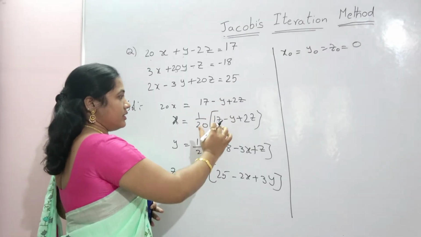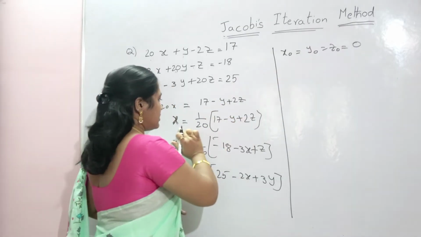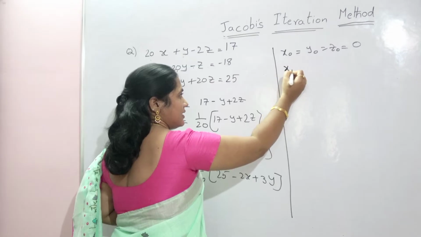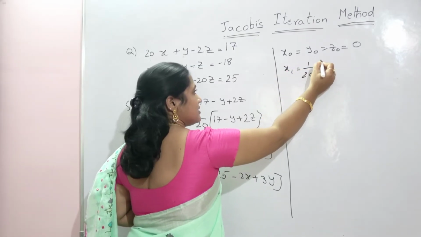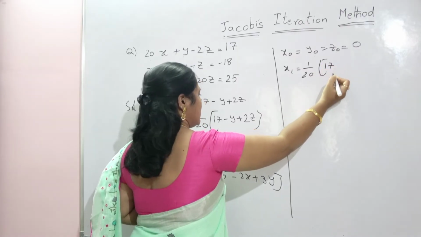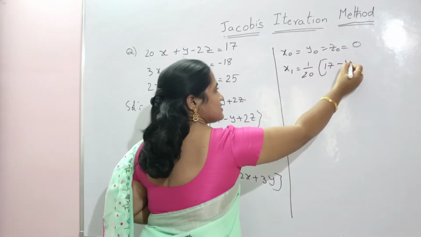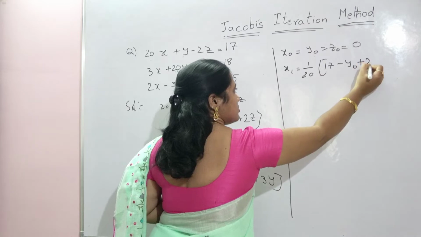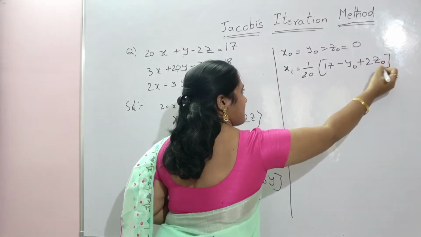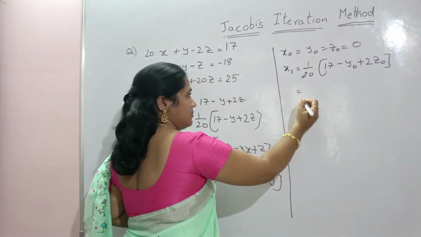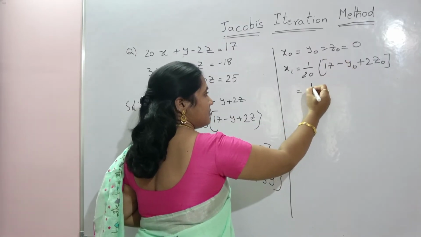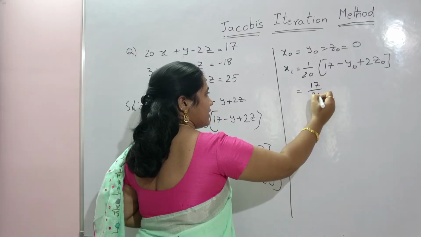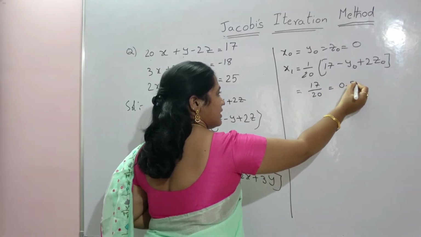So substitute and write the x value. x1 equals 1 by 20 times 17 minus y naught plus 2 z naught. That equals, since y naught is 0 and z naught is 0, 17 by 20, so 0.85.